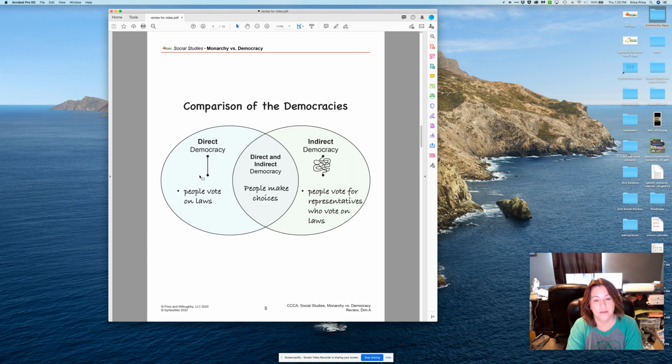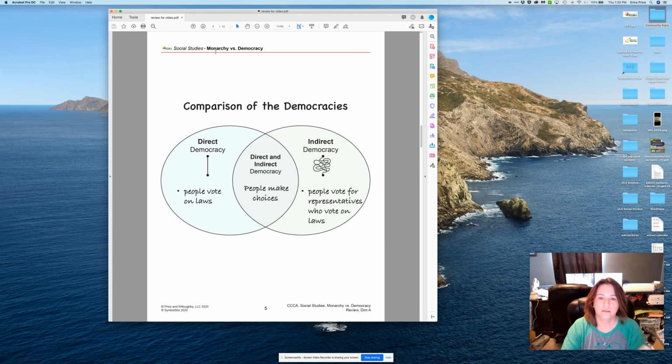The indirect democracy is people vote on representatives who vote on laws. So we elect people into government who then in turn vote on specific laws for us. They represent us. And the thing that both of these have in common is that people still make the choices.